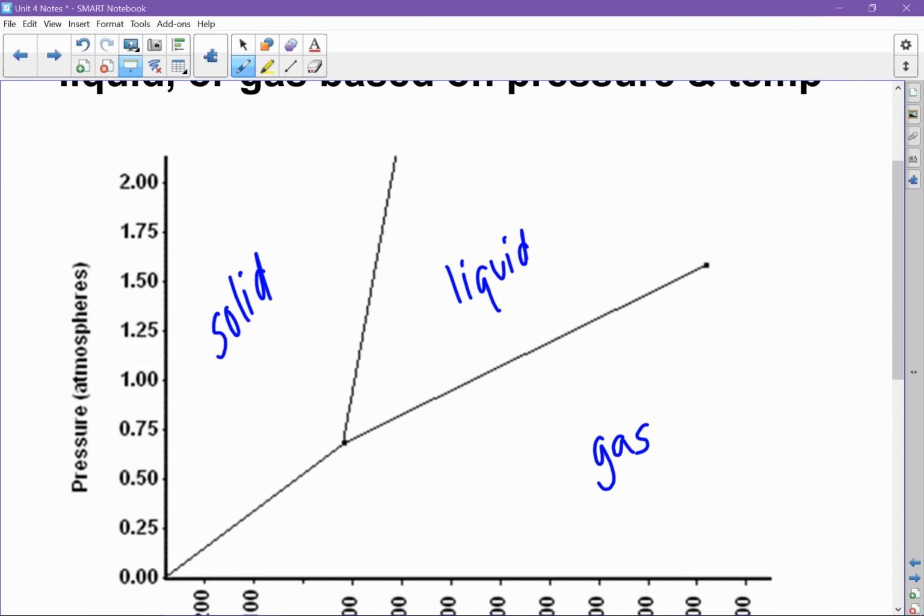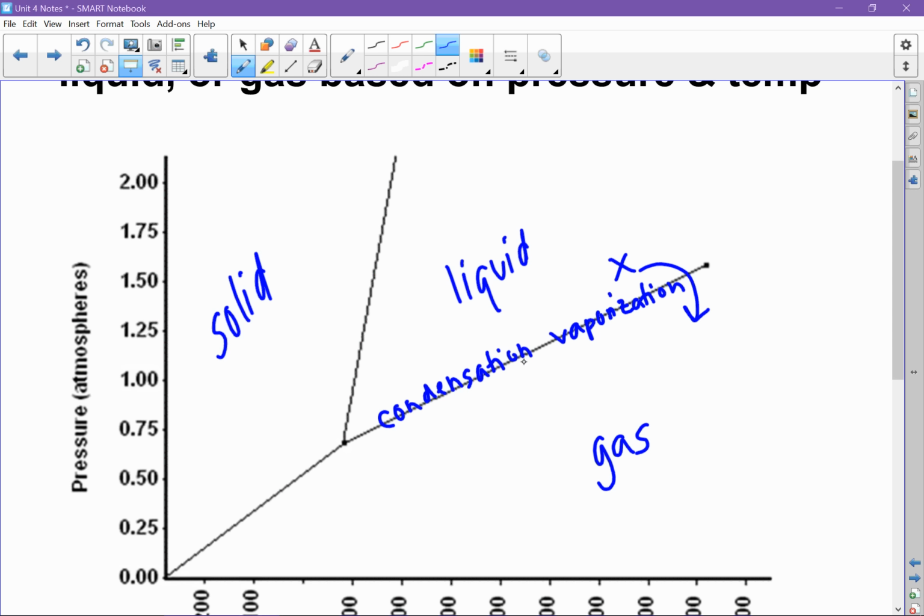So along this line, we've got condensation or vaporization. Vaporization will happen when you start as a liquid and you turn into a gas. And condensation is when you start as a gas and you turn into a liquid. So it's crossing that line and you just have to think about which direction you are going.